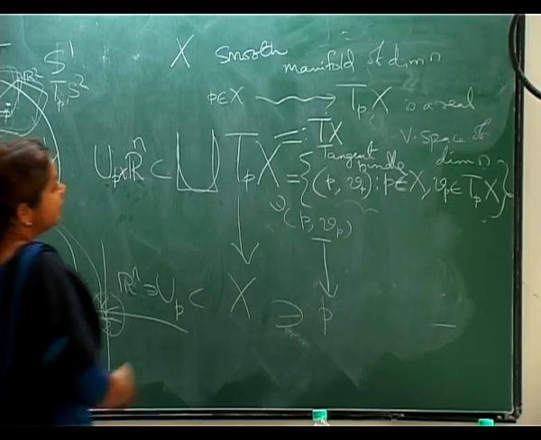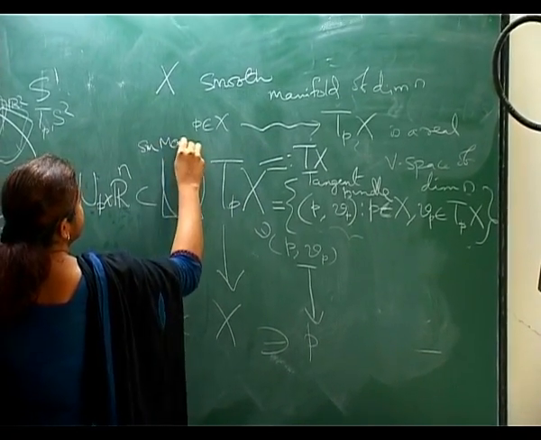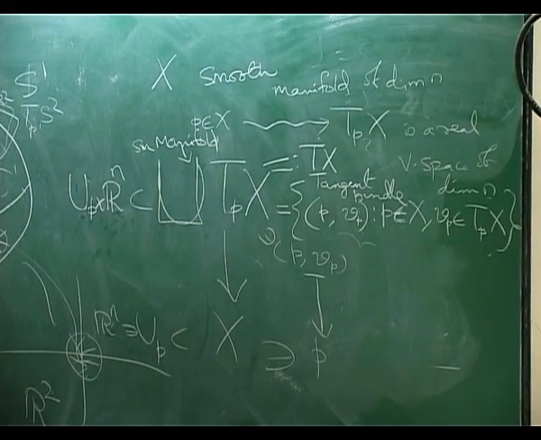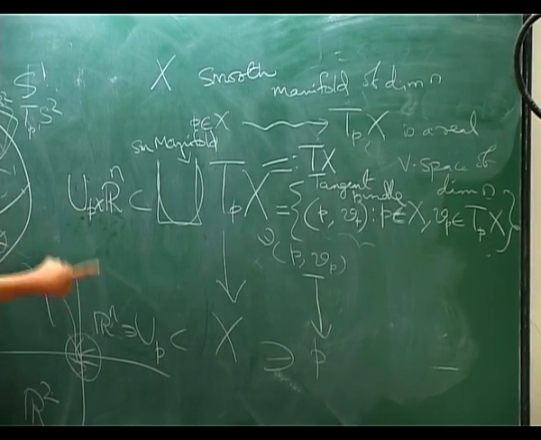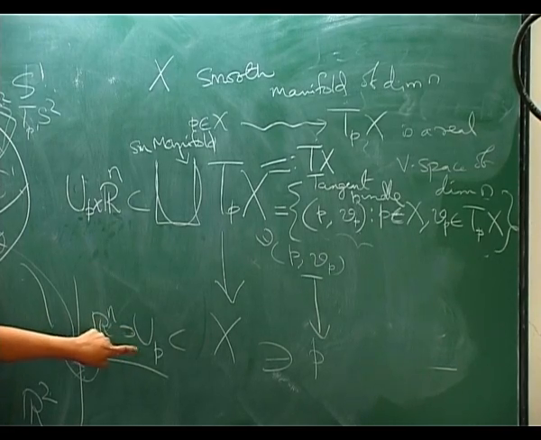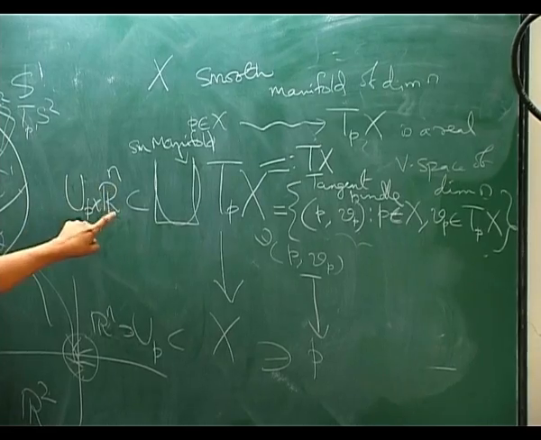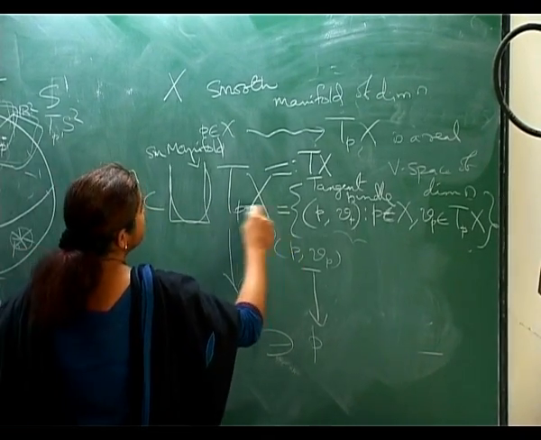So this is again a smooth manifold. And you notice that the dimension of this smooth manifold is going to be 2n, because UP is an open set in Rn, so this is an n-dimensional object, and you have taken the product with n-dimensional real space, so this is dimension 2n.